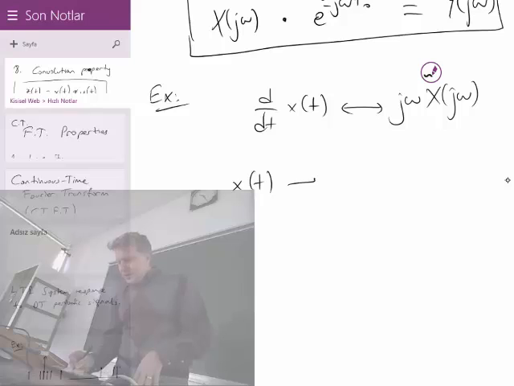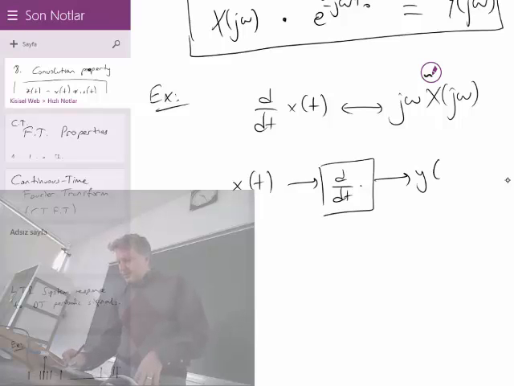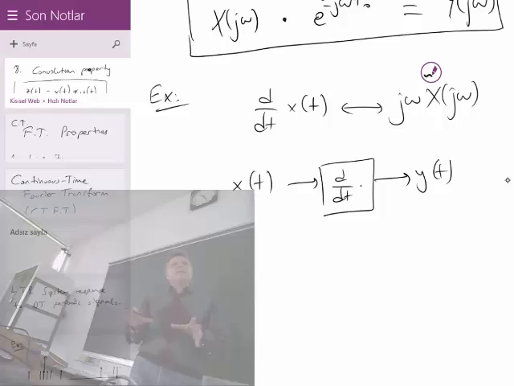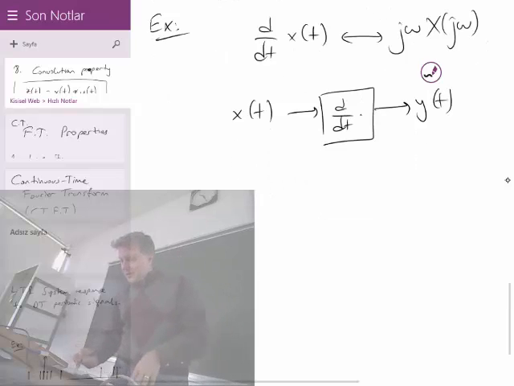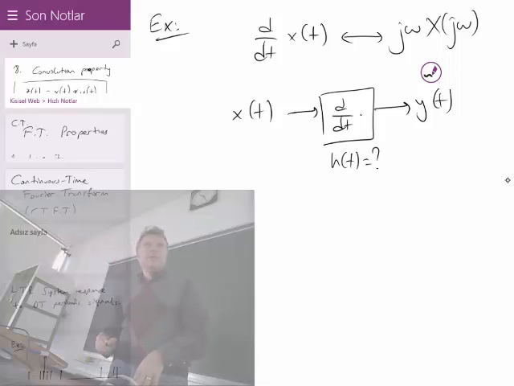If x(t) comes into a system which takes the time derivative, whatever the impulse response of that system may be, by the way, the impulse response of this derivative taking system is quite complicated. It's an infinite extent impulse response, not a compact or short way of representing.